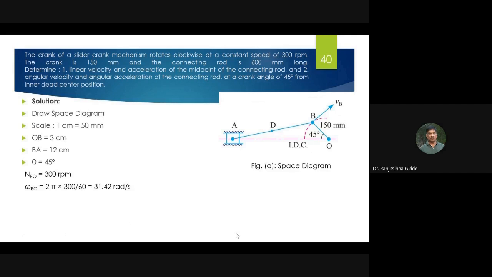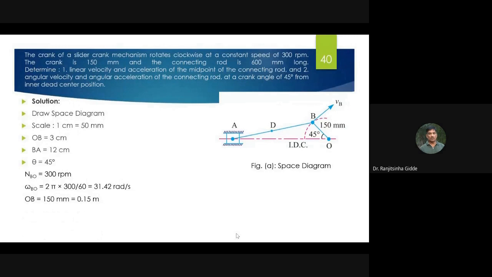Accordingly, the angular velocity of crank has been calculated with the formula 2 pi N divided by 60. By putting the value of speed, 300 rpm, we got 31.47 radian per second as angular velocity.